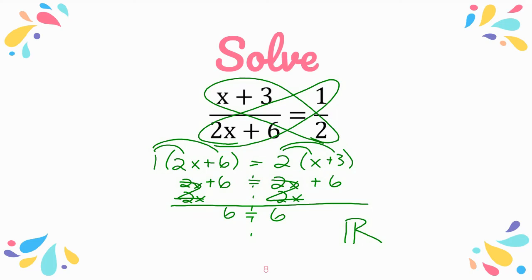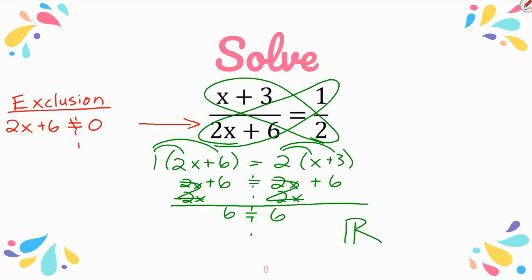I have a variable over here in the denominator, which means I have an exclusion on this problem. So let's set 2x plus 6 unequal to 0, to find our exclusion. And solve for x. So if I subtract 6 from both sides, I end up with 2x cannot equal negative 6.